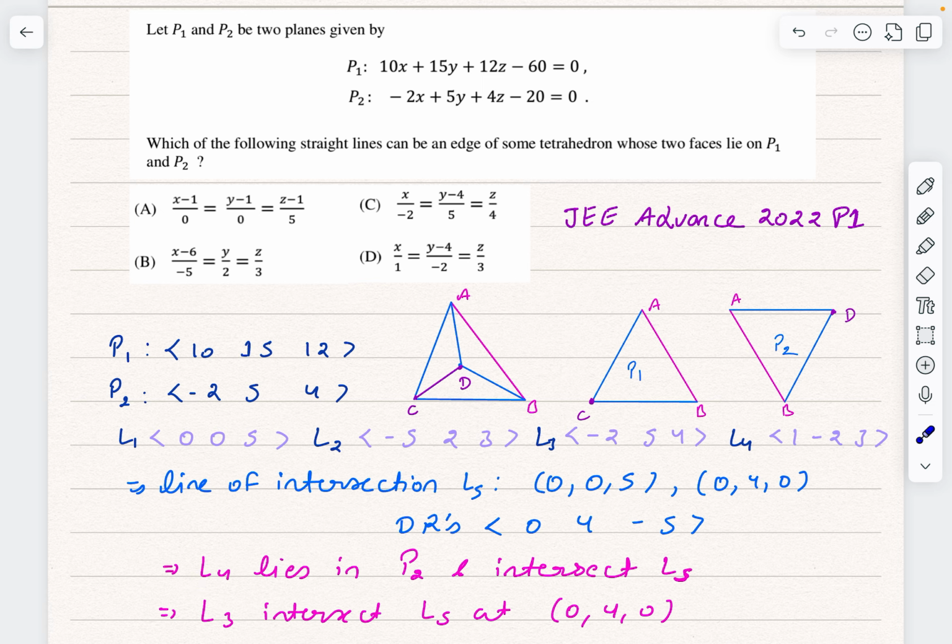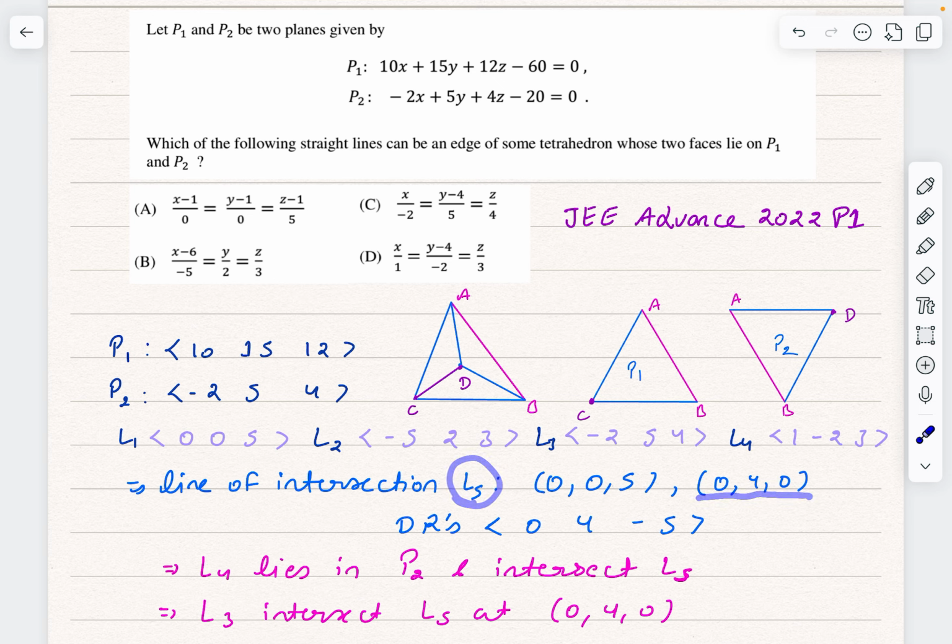Now if a line lies in P2, that doesn't guarantee it could be an edge of the tetrahedron, because what if it is parallel to this pink line? If the line lying in P2 is parallel to AB, then it cannot be an edge of the tetrahedron. It must intersect this AB. And you can clearly see that AB, the line of intersection, which I'm referring to as L5, is passing through (0, 4, 0).